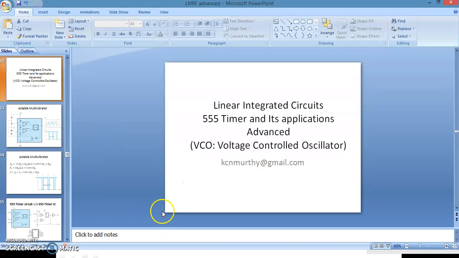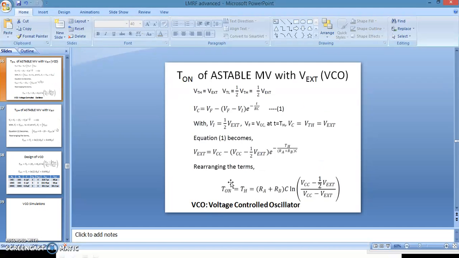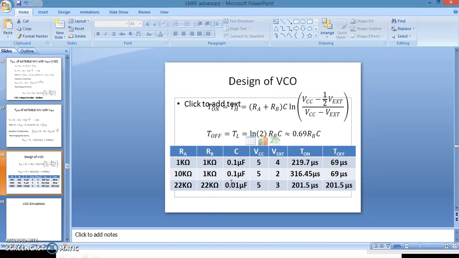Let me verify the on time and off time. This is the design we have connected here: RA and RB are 1 kilo ohm, C is 0.1, VCC is 5 and the external voltage is 4 volt. The T off is 69 microseconds, so that's what we obtained there.